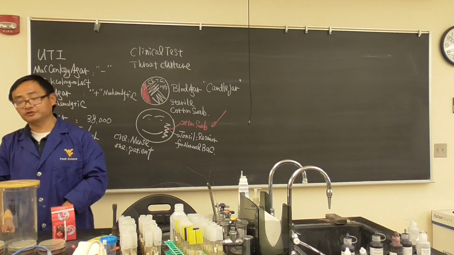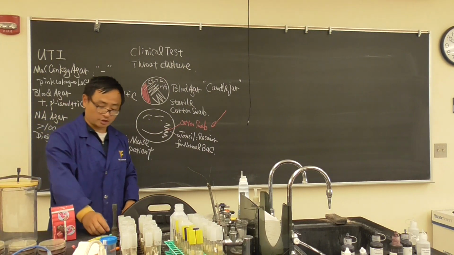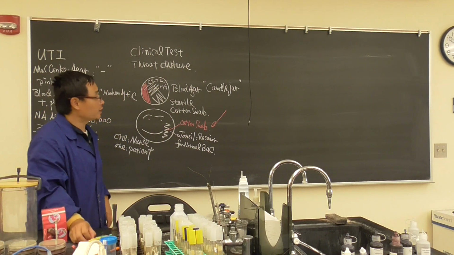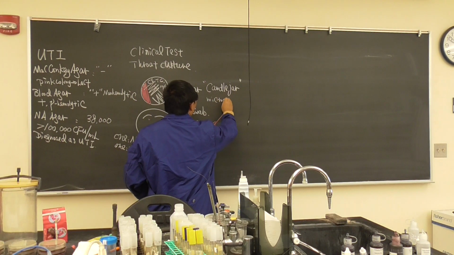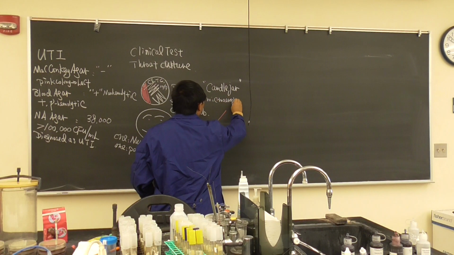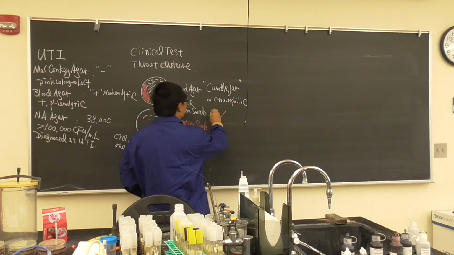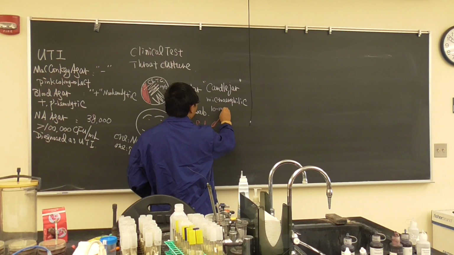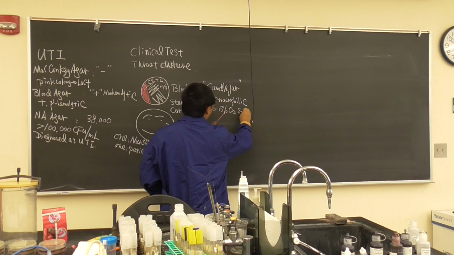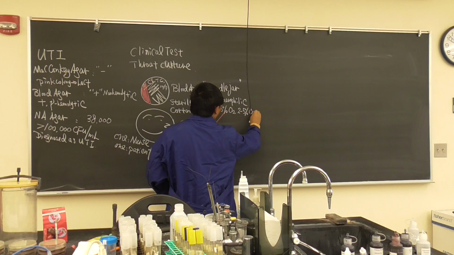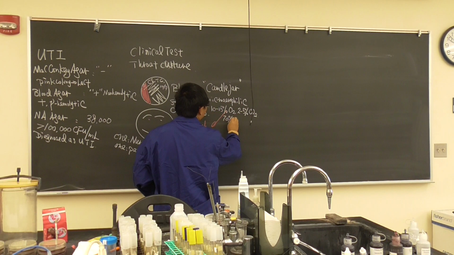Now, what's the idea for this candle jar? Of course, we need another one. Okay. What's the idea for the candle jar? We need to create a microaerophilic environment. And it is approximately 10 to 15% oxygen, 2 to 5% carbon dioxide, and the rest 70% nitrogen.